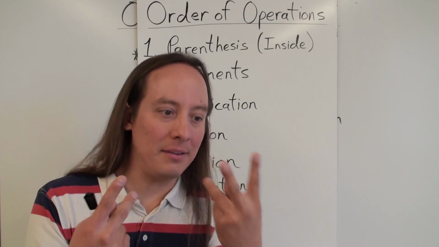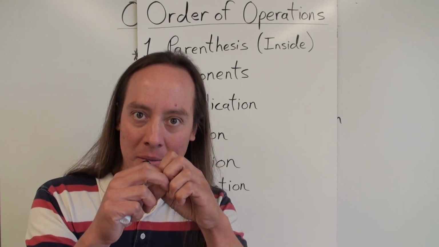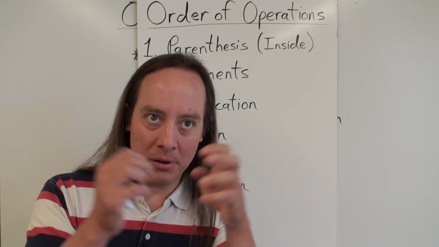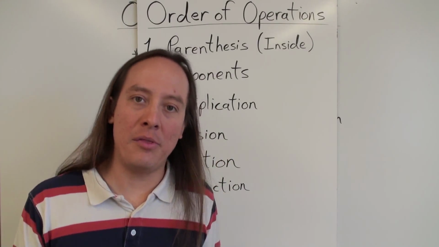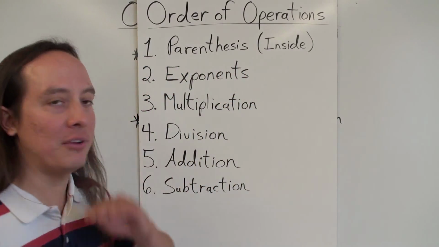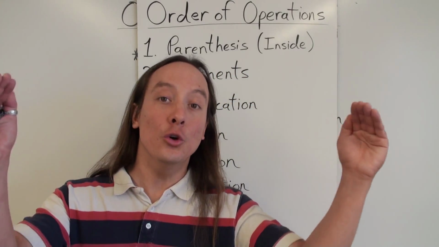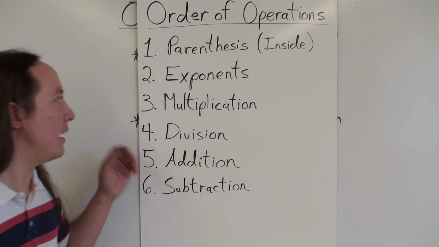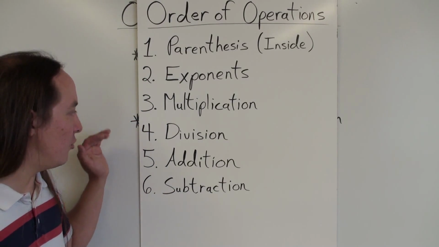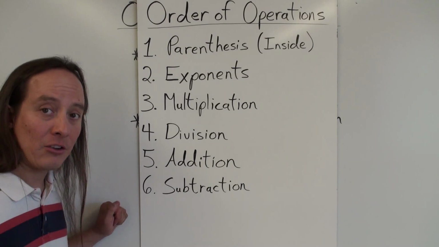To do math, you need at least 2 numbers and an operation between them. But if you only have a number by itself inside parentheses, it doesn't even count as parentheses. Parentheses only count as the first step when you have something to do inside of them. Okay? That's very important. After that, it's exponents, multiplication, division, addition, and subtraction.